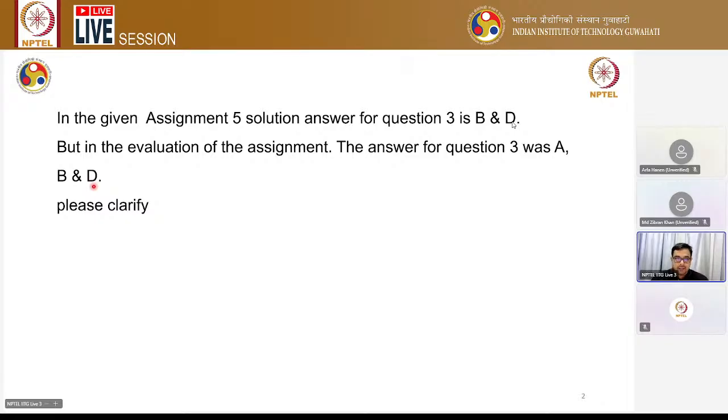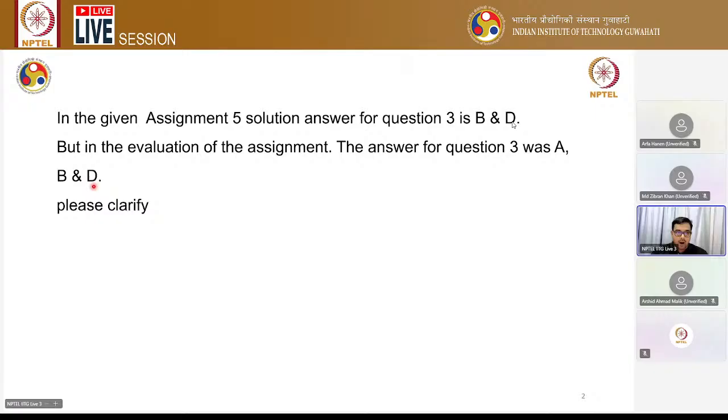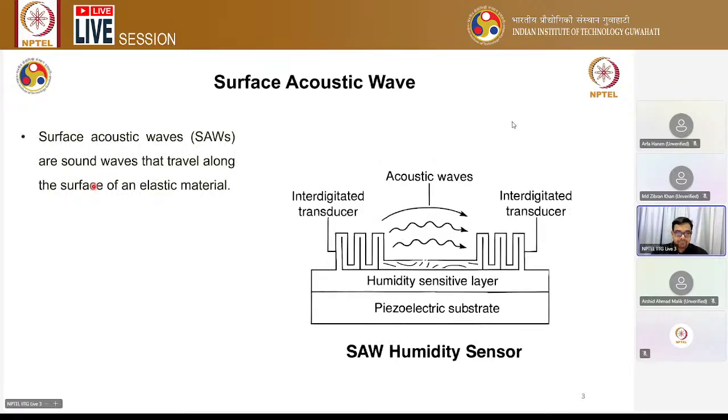We'll see the SAW sensor in a little more detail once again, and we'll see why answer A is not correct. If you remember, the surface acoustic waves, SAW, were sound waves, not light waves, that travel along the surface of an elastic material.